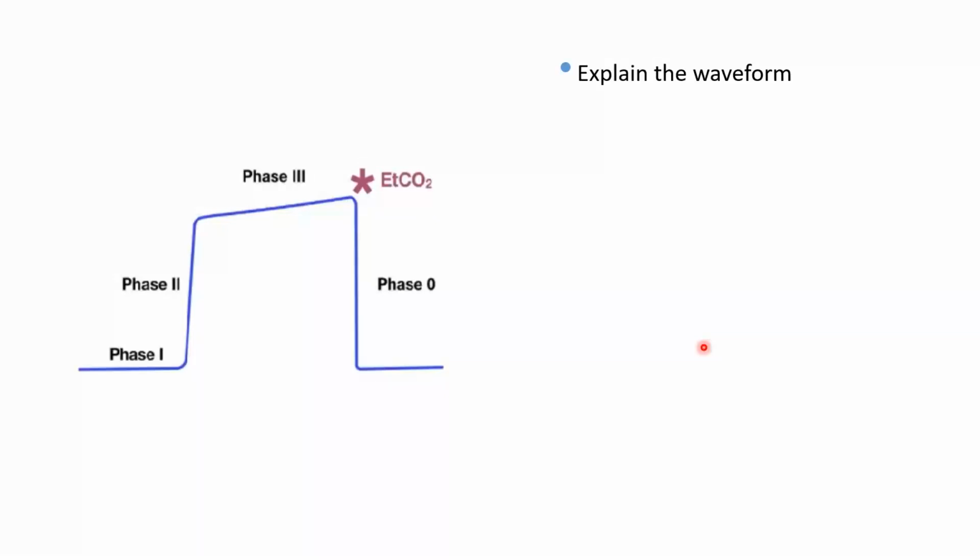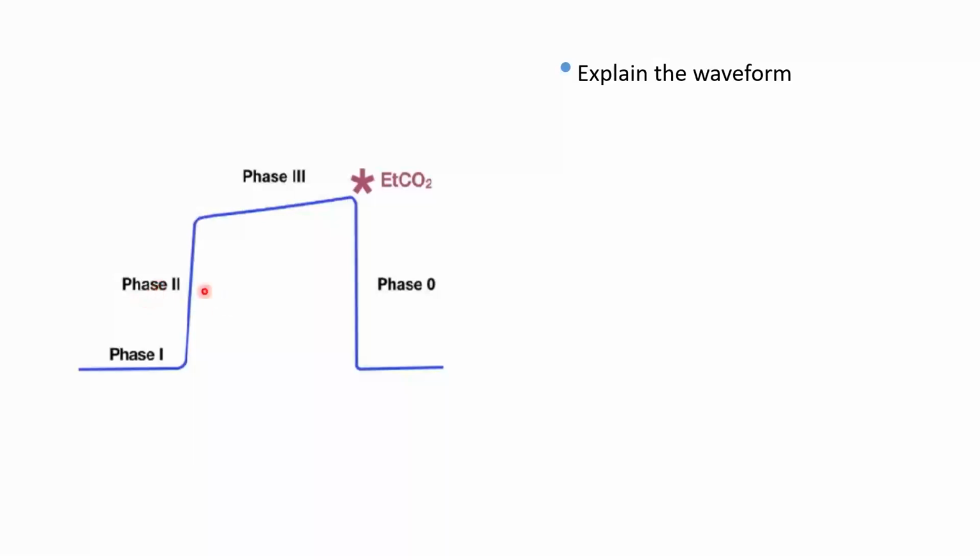Sir, it's a capnograph waveform, where from phase 2 the expiration starts. Okay, so phase 1 is what then? Inspiration is still going on. Phase 2 is the start of expiration.